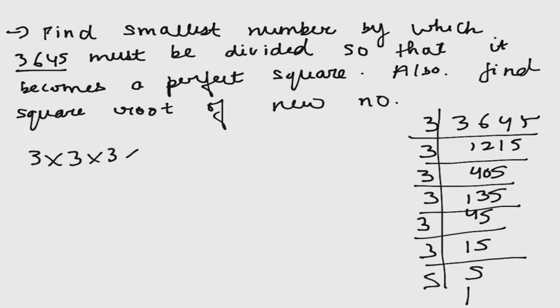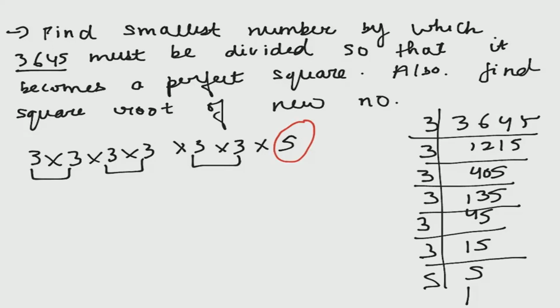So 3 comes 6 times, and then here we have 5. If we make the pairs, we will be left with 5 only. All these are the prime factors of which number? 3645.